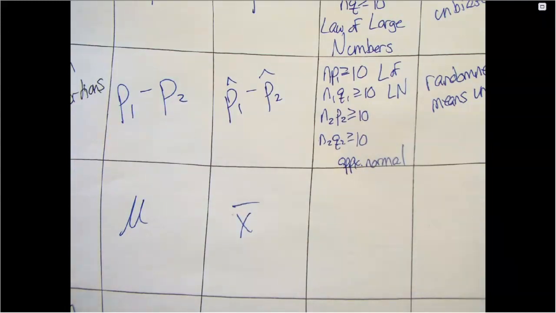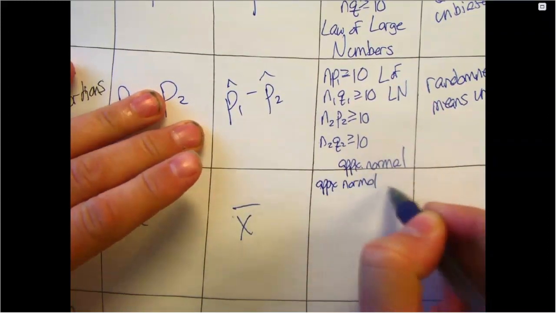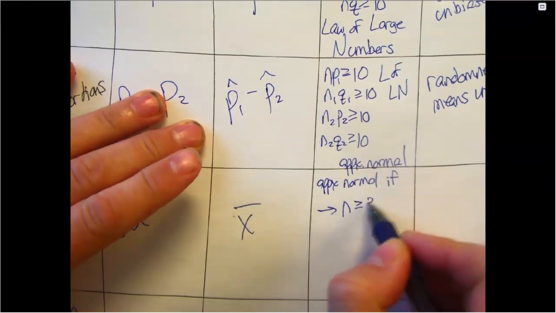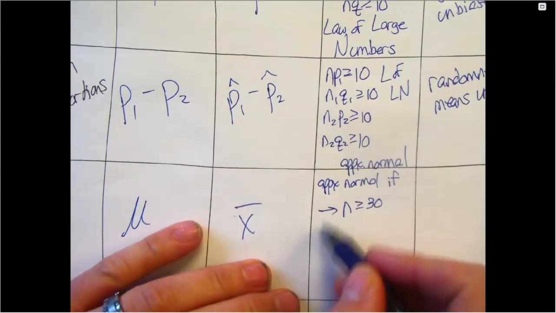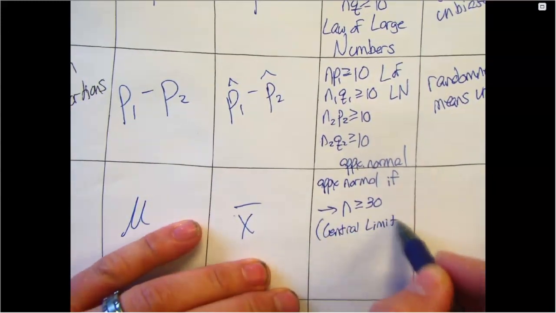So there's two ways that the shape can be approximately normal. It can either be that n is greater than or equal to 30, your sample is greater than or equal to 30. That's called the central limit theorem.